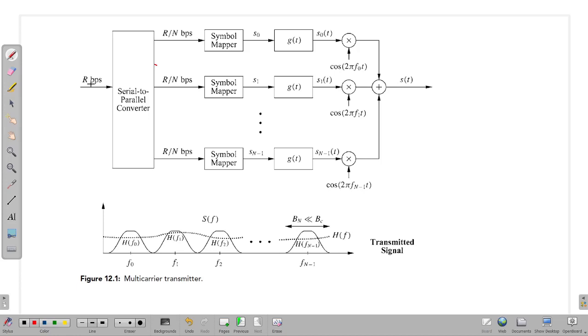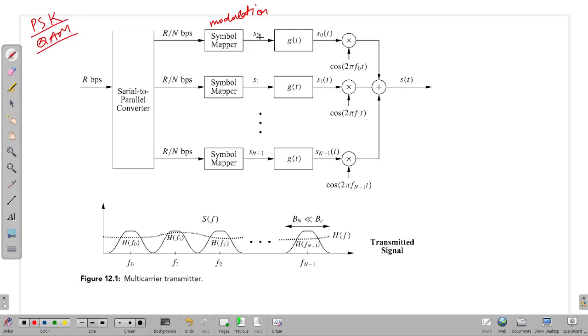The data comes at a rate of R bits per second. There is a serial to parallel converter which slows down the incoming data stream, goes to a symbol mapper, which is nothing but a modulation device. Most popular modulation is either PSK or a QAM modulation.